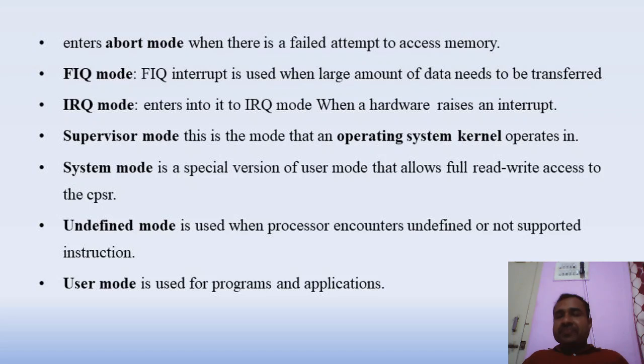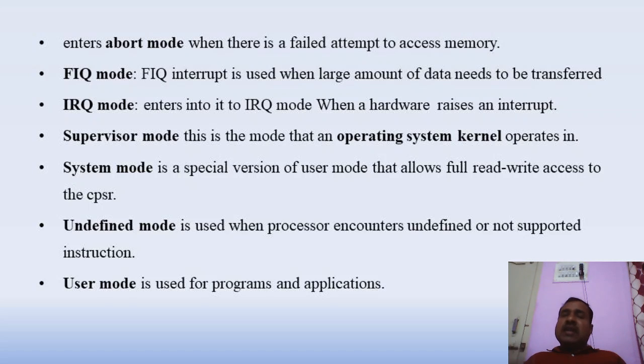That means if a processor encounters an instruction which is not defined in that particular machine, it enters into undefined mode. It may happen because we may use the same compiler for different machines. So the compiler will not give a syntactical error, because we are using the same compiler for different processors.